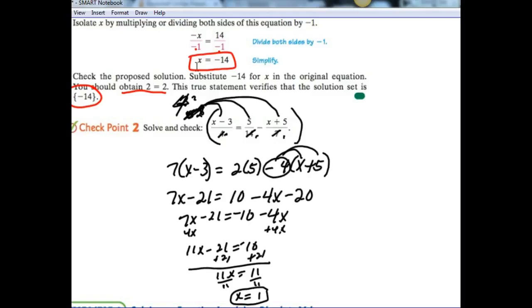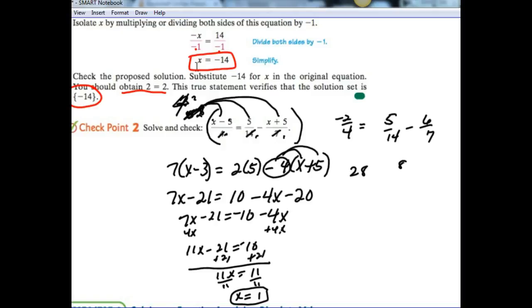And if I plug that back into the equation, it should give me a true statement. So 1 minus 3 here would be negative 2 over 4 equals 5 over 14 minus 6 over 7.